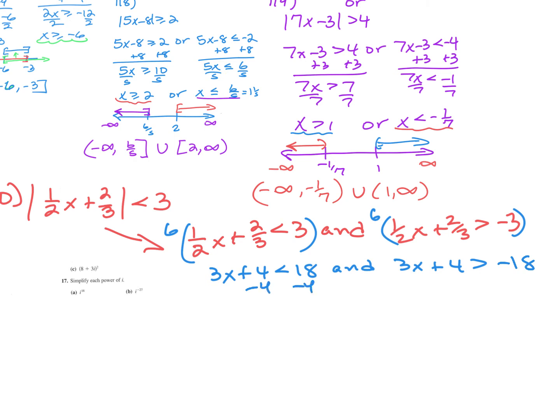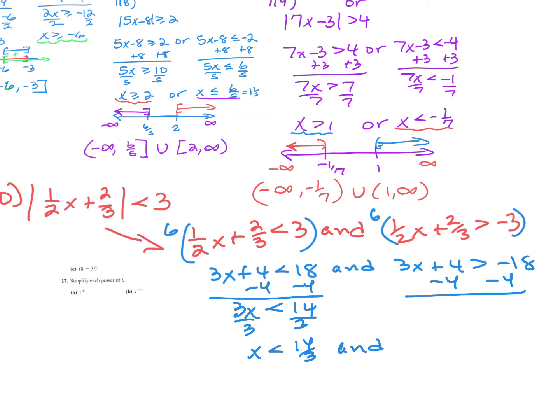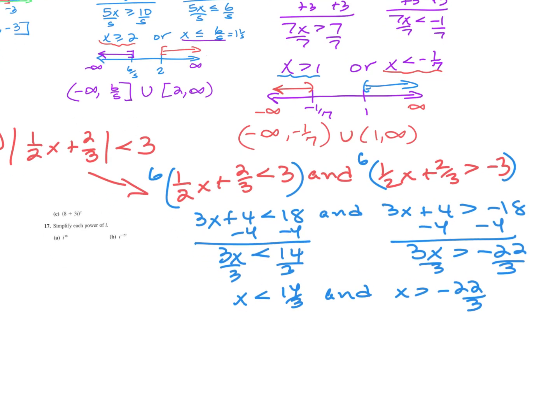So I'll subtract 4, divide by 3. X is less than 14/3, and minus 4. 3x greater than -22, divide, and x is greater than -22/3.